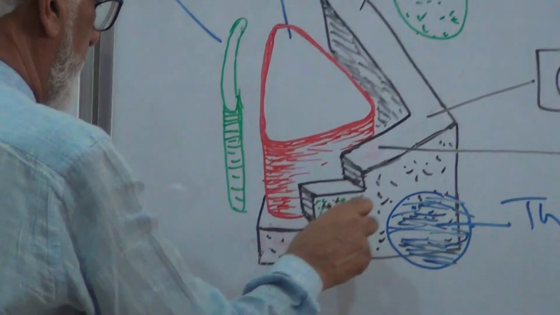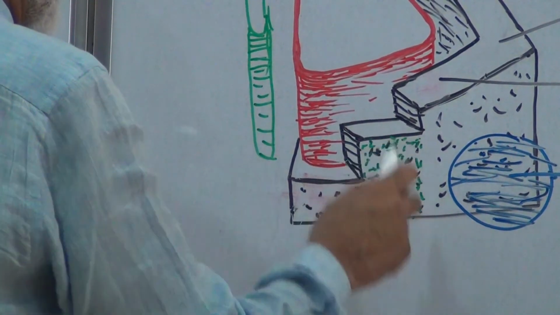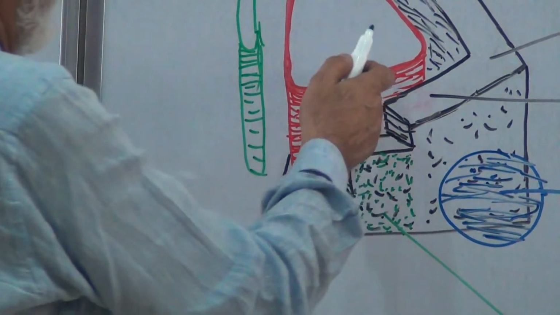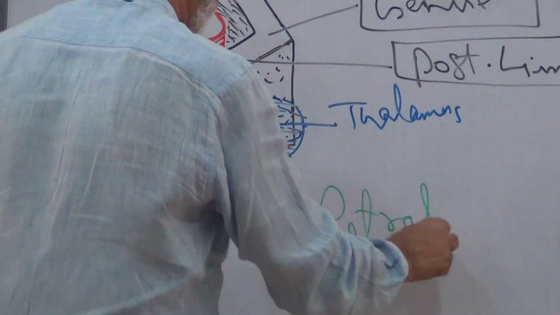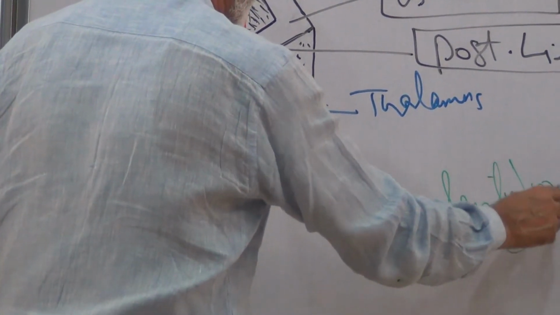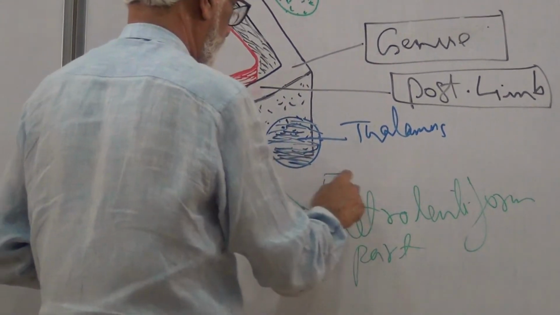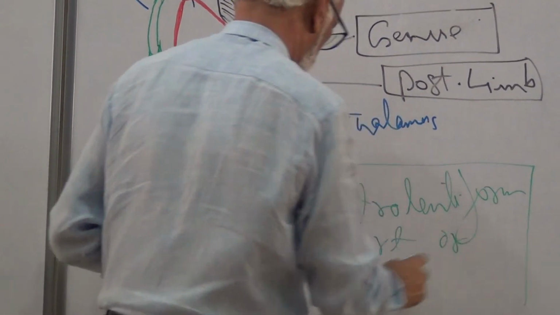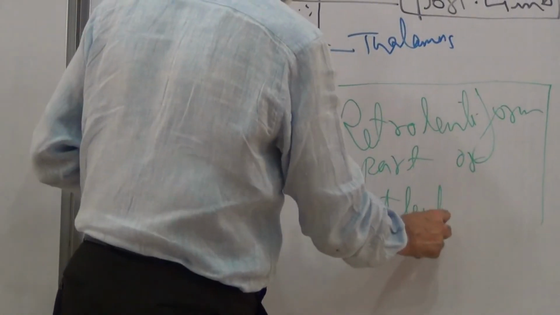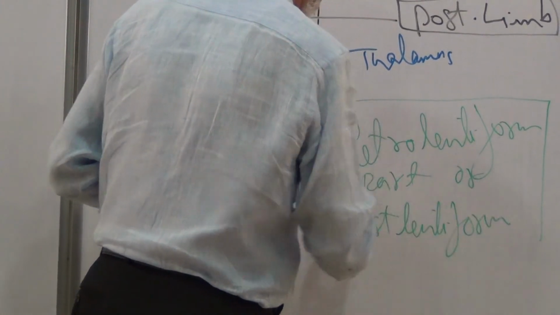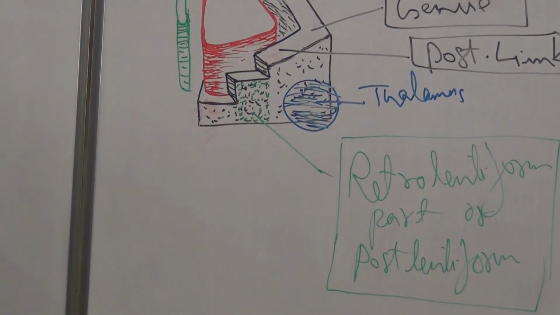This part of the internal capsule is behind the lentiform nucleus, known as the retrolentiform part of the internal capsule, also known as post-lentiform part, located posterior to the lentiform nucleus.